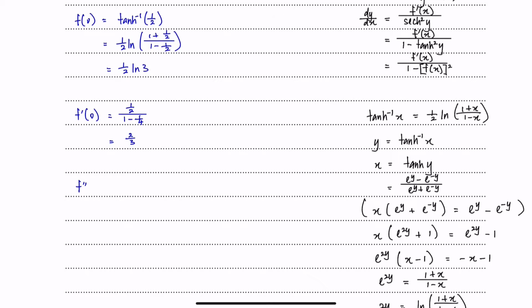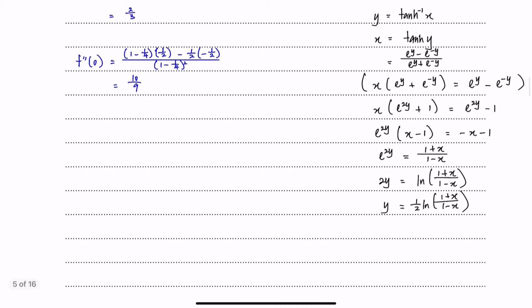And f prime prime 0, you will get 1 minus 1/4 times half minus half times negative half, over 1 minus 1/4 squared, and this will be 10 over 9.